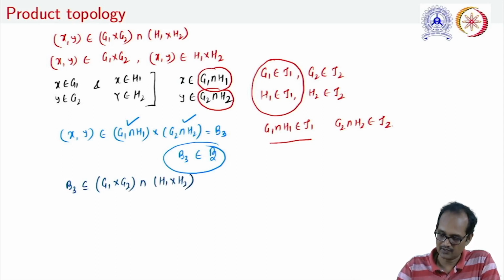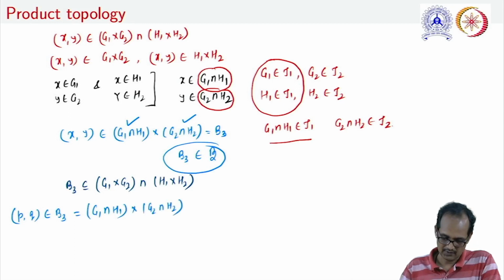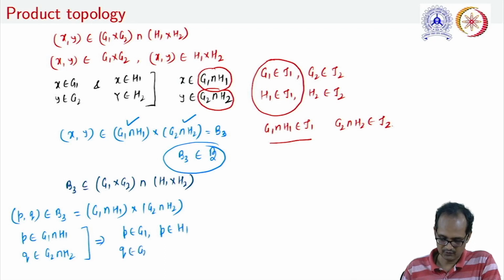And this can be justified easily. For example, if we take any PQ in this B3, and B3 is nothing but (G1 intersection H1) cross (G2 intersection H2), then P belongs to G1 intersection H1 and Q belongs to G2 intersection H2. From here, we can write that P is a member of G1 and P is also a member of H1, and Q is a member of G2 and Q is a member of H2.